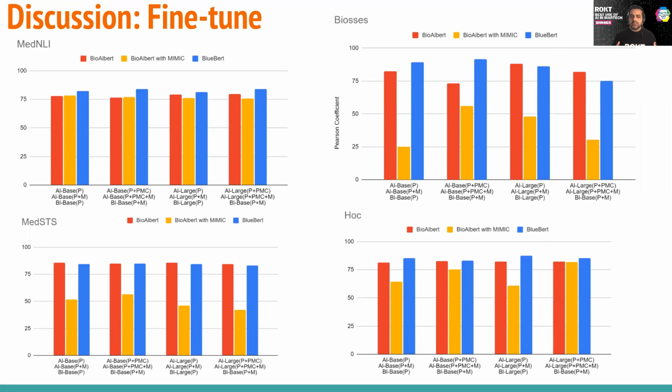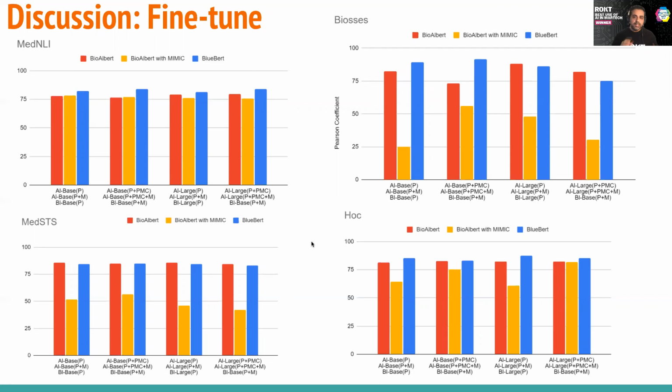Had we had access to the pre-training data for BioALBERT, for example PubMed and PMC, then we could have combined these datasets together, specifically PubMed, PMC, and MIMIC, and then pre-trained BioALBERT. We would have had much better performance. It would have been a much more versatile model.